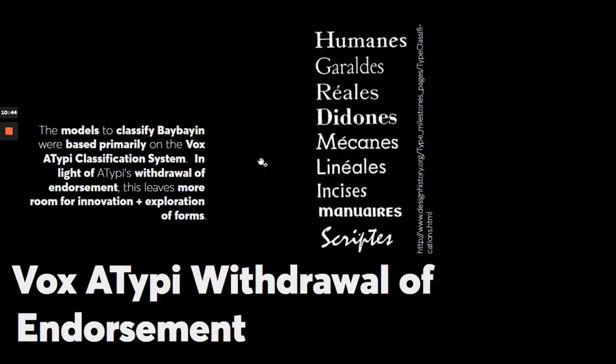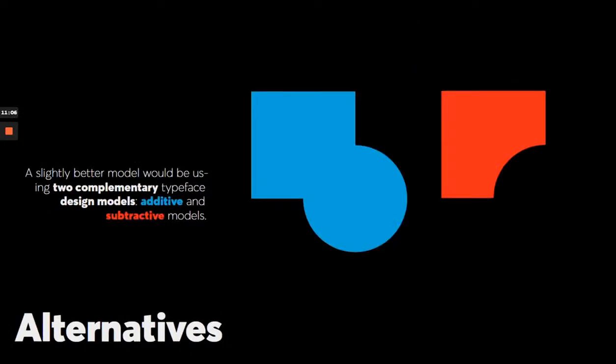This year, ATypI has withdrawn their endorsement for this system because it was a flawed system, and a lot of forms ended up conforming to the Latin ones, even the foreign types. Now, we're showing you some alternatives. The first would be the additive models and the subtractive models.